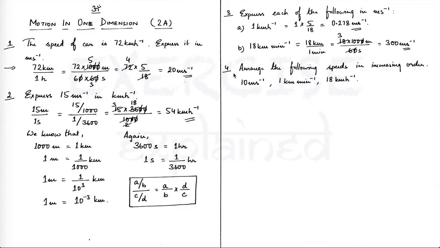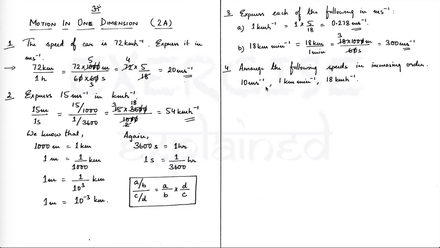Coming to question number 4, motion in one dimension, exercise 2A, ICSE 9th: arrange the following speeds in increasing order. First is 10 meter per second, second is 1 kilometer per minute, and the third one is 18 kilometer per hour. In this case, we need to equate the units.